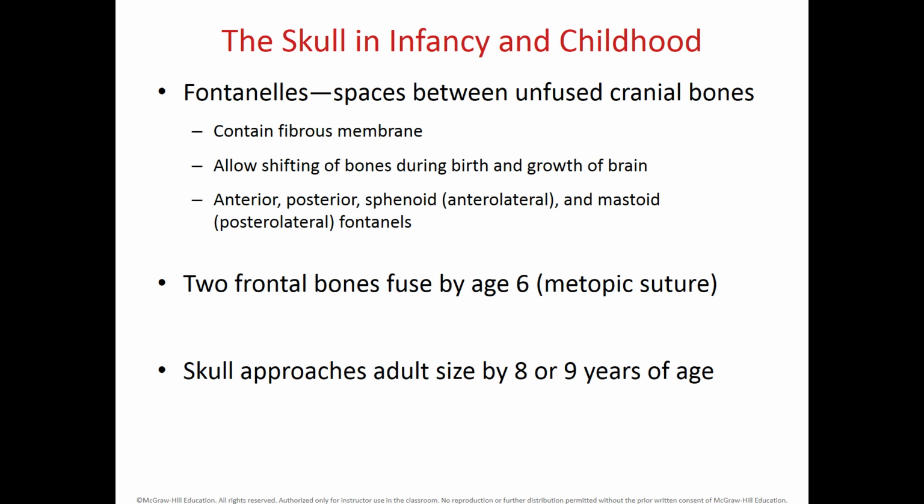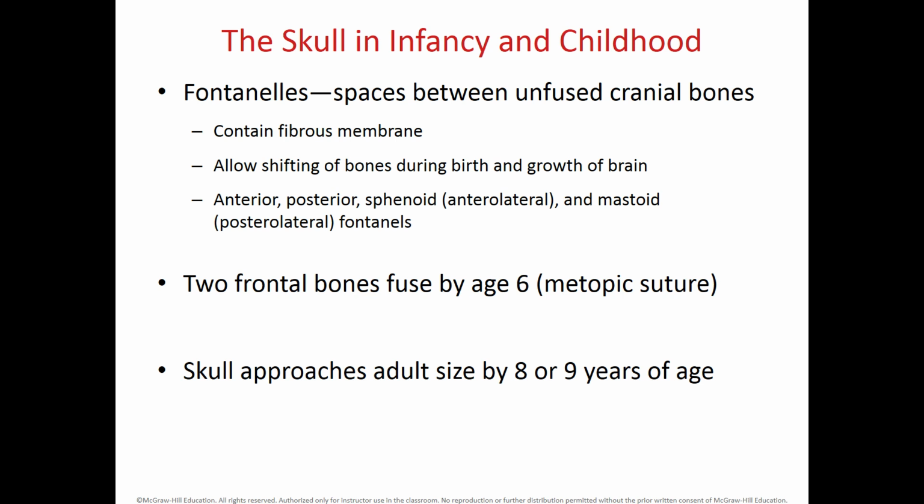Now, these fontanelles are named accordingly. So we have one that is located between the frontal bones and the parietal bones that is called the anterior. And then we have the sphenoid, or anterolateral, and this one will be in between the greater wing of the sphenoid that you can see laterally and also the temporal bone.